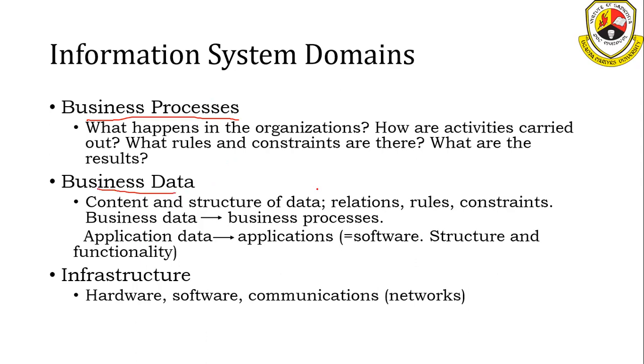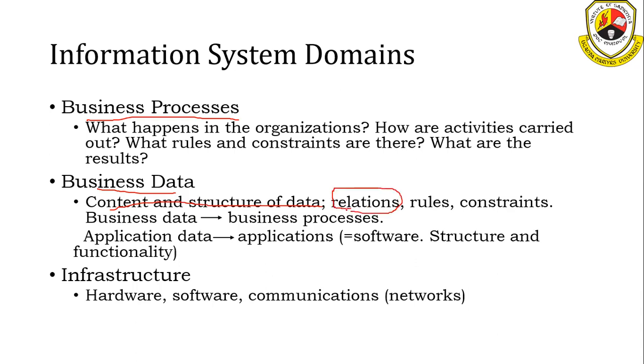Then we come to business data. The business data is essentially emerging from the business processes and the activities. What is happening? Here we're looking at content and structure of the data. What are the relationships between data?